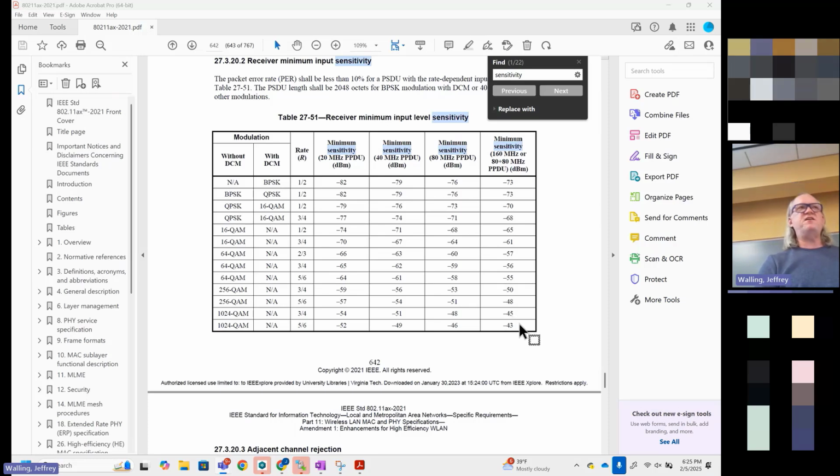What you generally expect to see is as you move to a higher order QAM with a worse code rate, you need more SNR in order to be able to demodulate the signal. Also, of course, with higher bandwidth you'll need more SNR because the noise power will be higher. So as you go across, for BPSK you start at a sensitivity of -82 dBm, and in the worst case, 160 megahertz bandwidth, you go to -73.